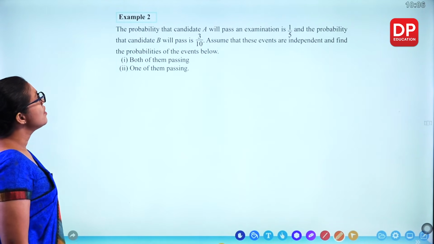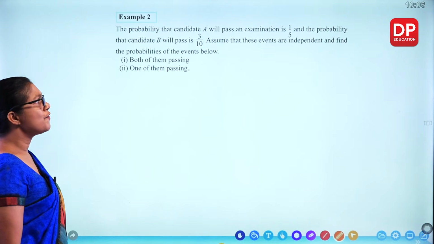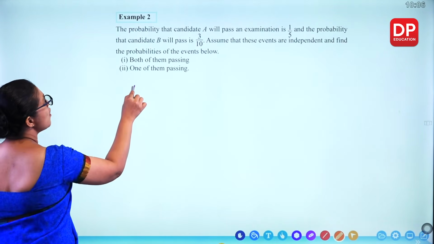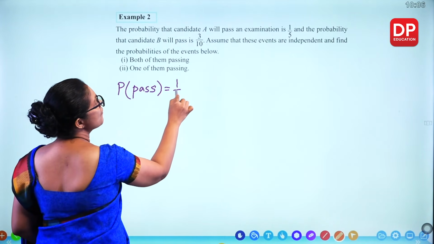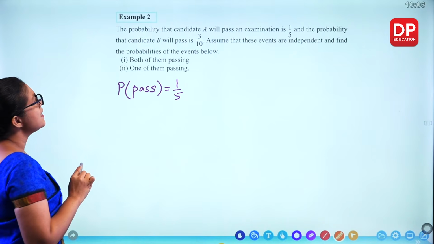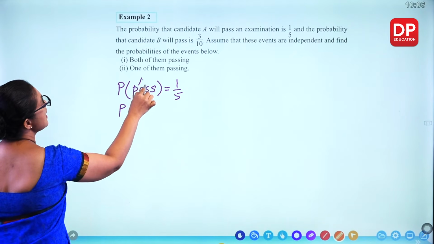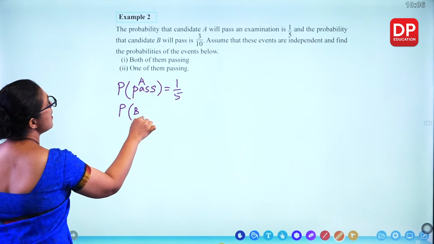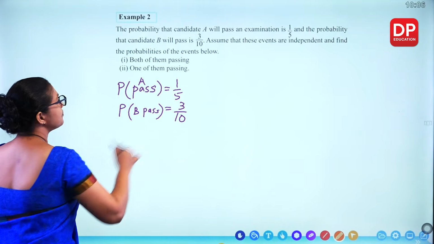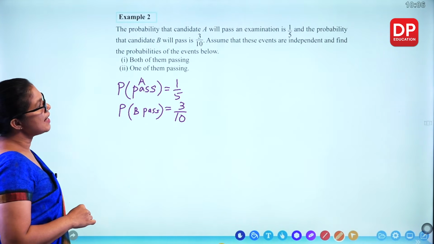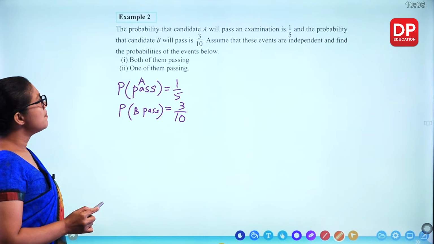Example number 2, the probability that candidate A will pass an examination is 1/5. So I'll write down probability of pass is 1/5. Probability that candidate B will pass is 3 over 10. Assume that these events are independent and find the probabilities of the events below.